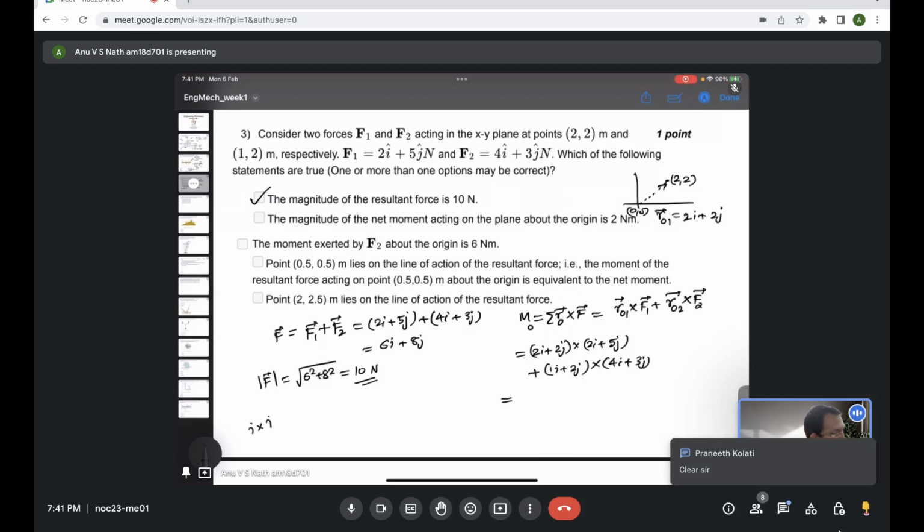Okay, good. So yeah, just remember i cross i is 0, i cross j is equal to k, j cross i is equal to minus k, j cross j is equal to 0.